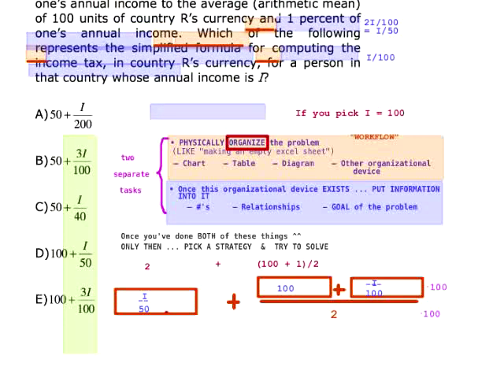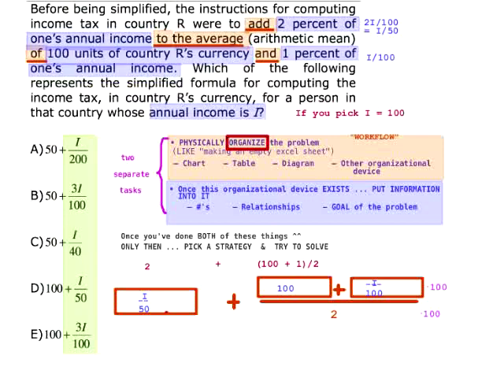Let's get these out of here. So that's 2 plus 101 over 2. That's 2 plus 50.5. So that's 52.5. And then remember, you picked I as 100. And then you have these choices.